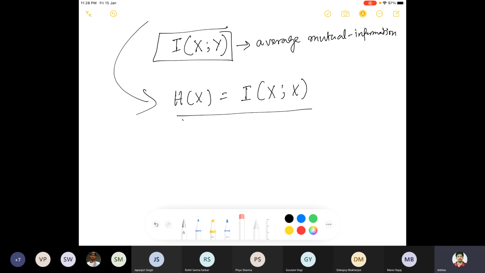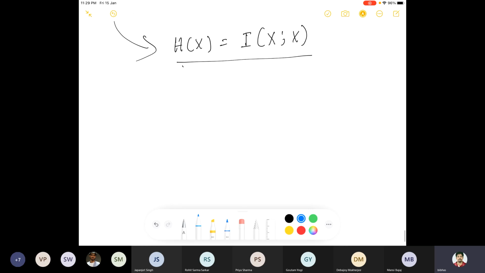And then also we said, whenever you say something is a random variable, then there is an amount of randomness.